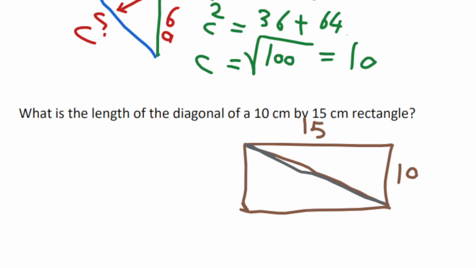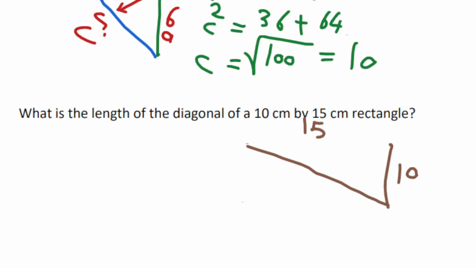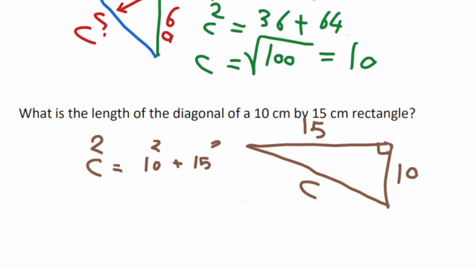Now, to answer this question, let's erase this. Let's just look at the right angle triangle. So it's this. Now the diagonal is C. C squared is equal to A squared, which is 10 squared, plus B squared, which is 15 squared.